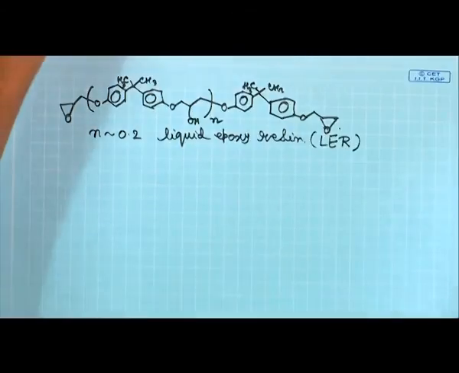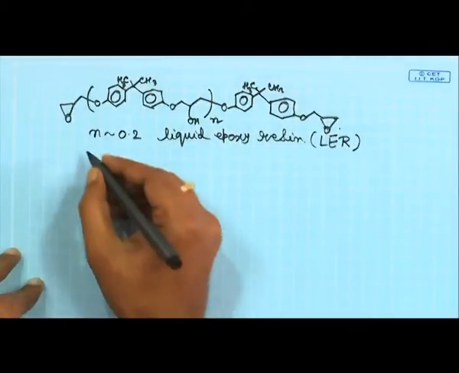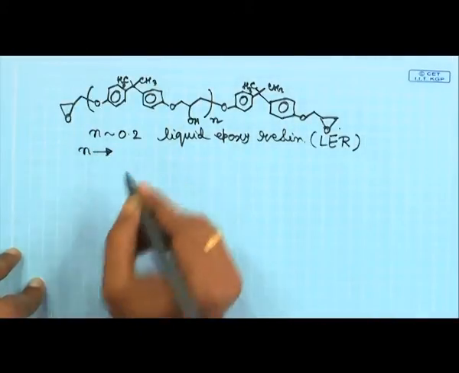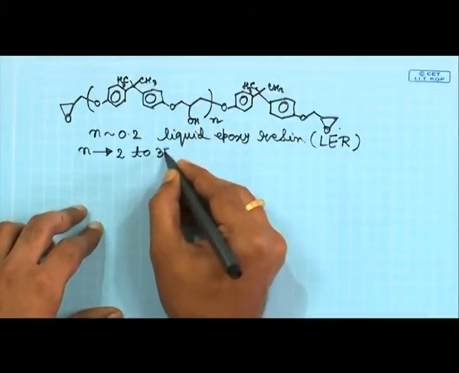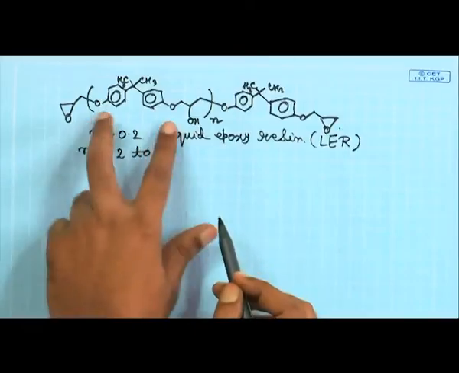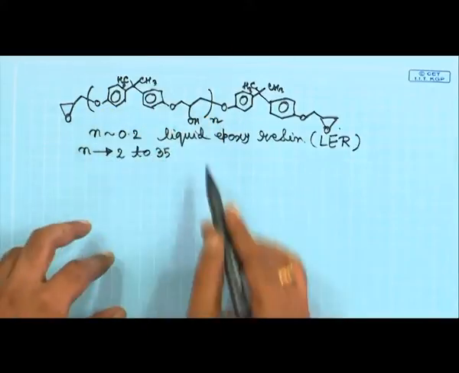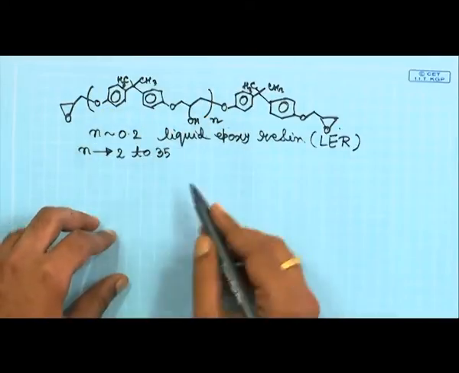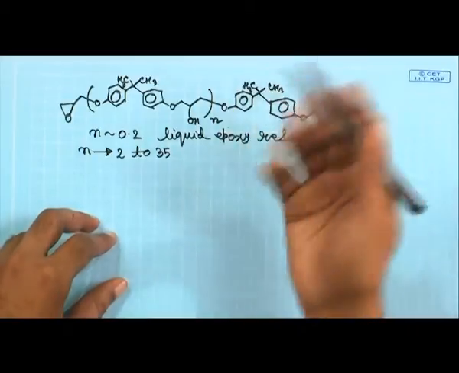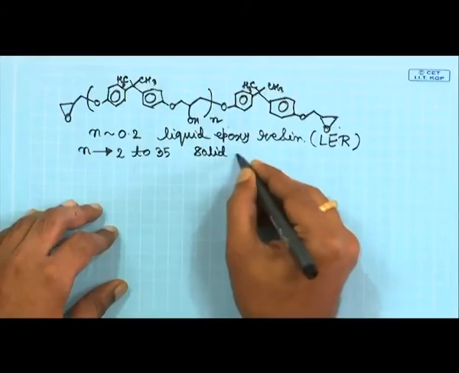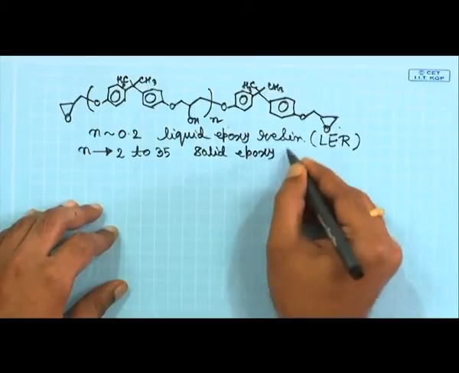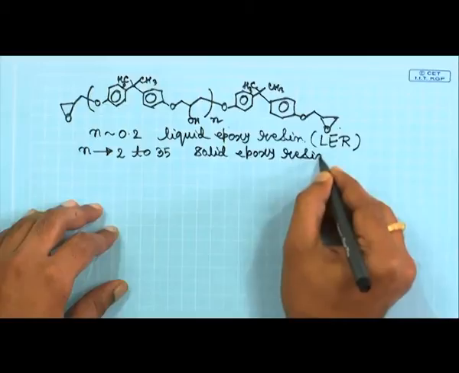So, the average of N is close to 0.2, and you get what you call the liquid epoxy resin. Now, what is at the other end of the spectrum? If your N is 2 to 35, from a moderate to high degree of polymerization, say 35 or 2 or in between, 10, 15, whatever, then what you get is solid epoxy resin, SER.